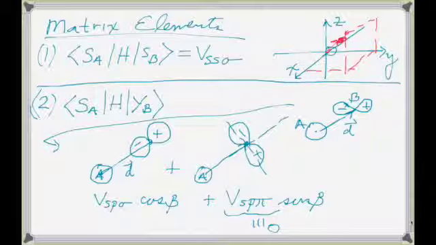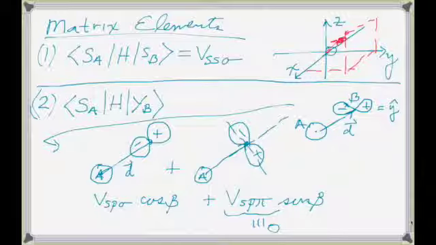So then we only have to worry about the V_sp sigma component, and so let's talk about that. What is beta? Beta is the angle between the y-axis and d. So I'm just projecting this as a dot product. If I think of this as something along y hat, and I want to know the component along d, I just take the dot product.